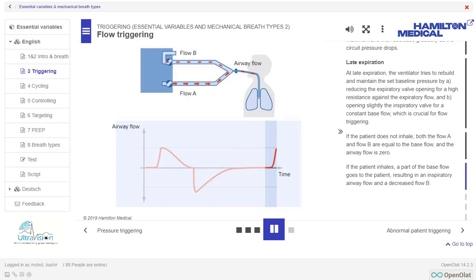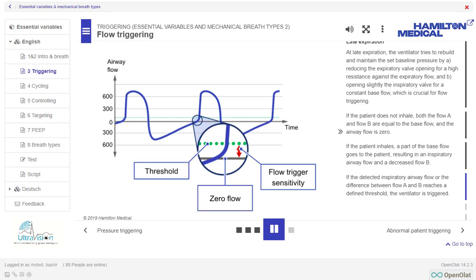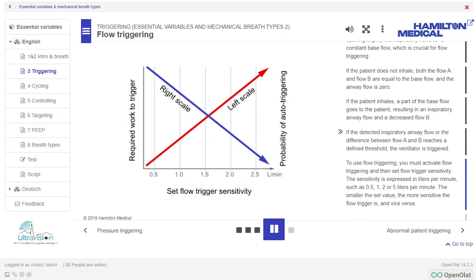If the patient inhales, a part of the base flow goes to the patient, resulting in an inspiratory airway flow and a decreased flow B. If the detected inspiratory airway flow or the difference between flow A and B reaches a defined threshold, the ventilator is triggered. To use flow triggering, you must activate flow triggering and then set flow trigger sensitivity.